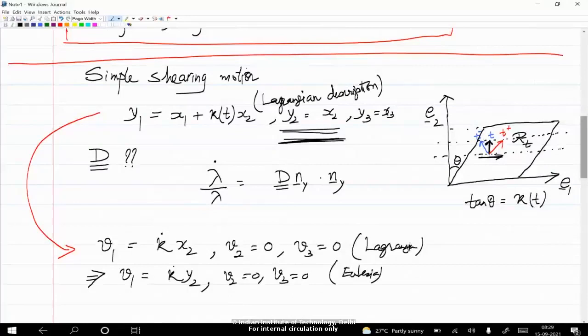So we had seen that the line element which is along E1 remains along E1. Similarly, line elements along E3 remain along E3. So the angle between them will also not change, right?